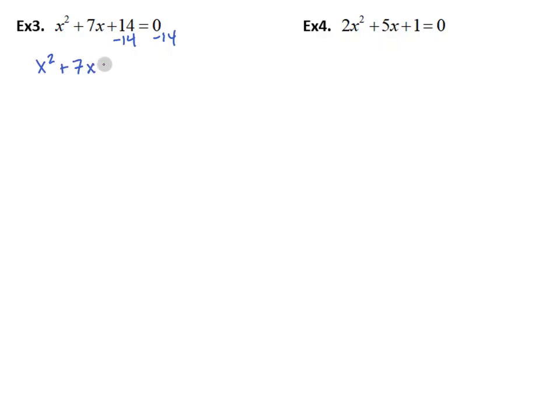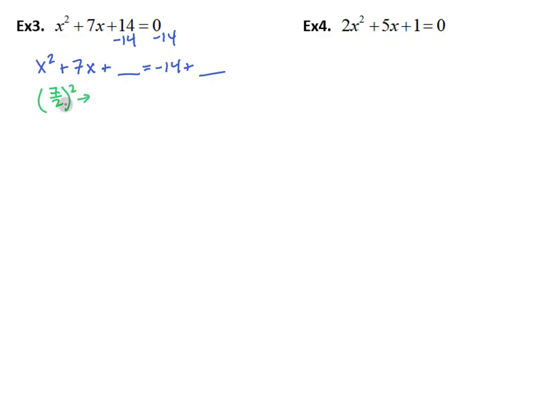x squared plus 7x plus blank equals negative 14 plus blank. Okay, now we need to figure out, of course, the value that completes our square. So this time, because our b value is still an integer, we don't need to use that half version that we saw back in the earlier part. But we're going to divide it by 2, half of b squared.